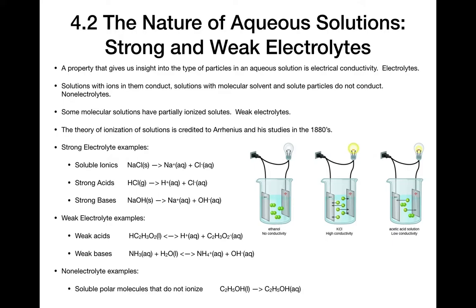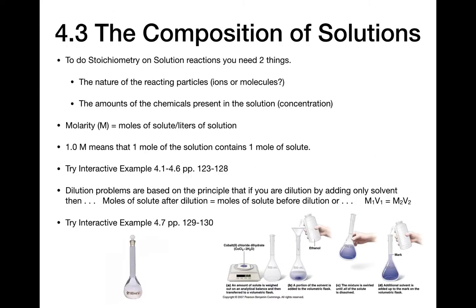It actually reacts with water to form NH4 plus and OH minus, but it only does that to a small percent, so it's a weak base. There are soluble polar molecules that do not ionize in water, such as ethanol. So ethanol would be an example of a non-electrolyte.